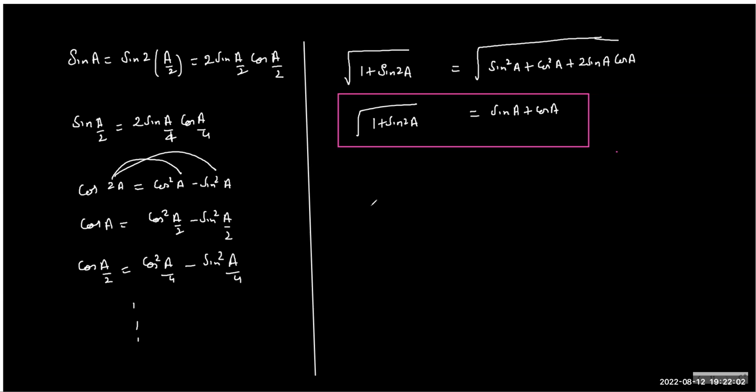So, how to write sine 2A in terms of tan? Okay. How to write? So you can write as 2 sine A cos A. To bring a tan here, I can divide by cos A.